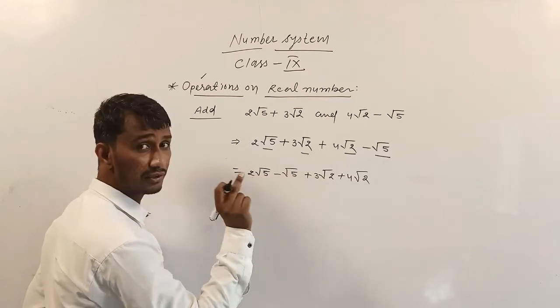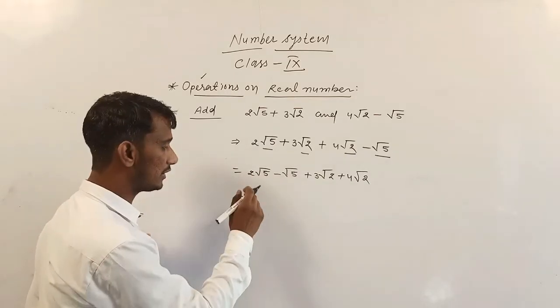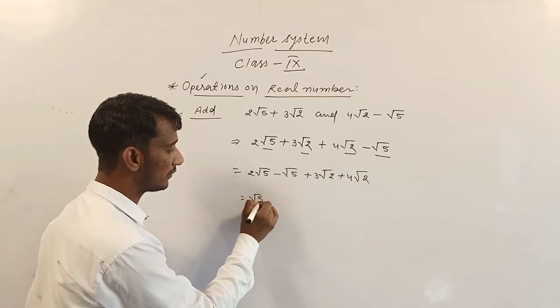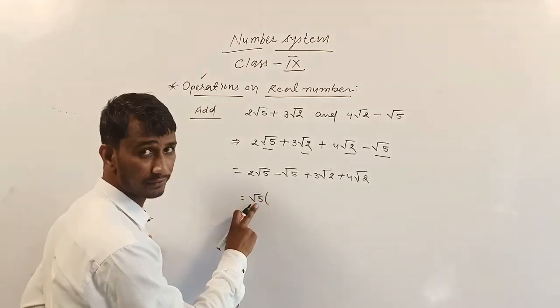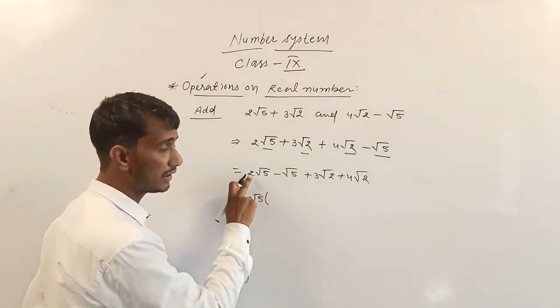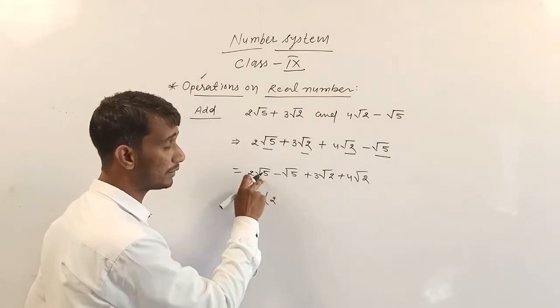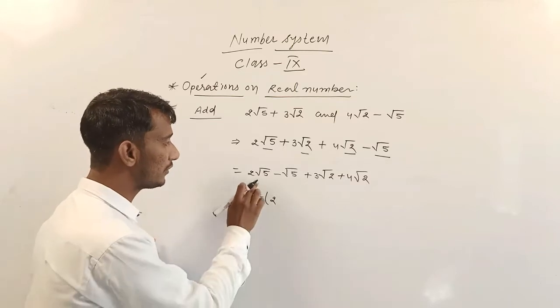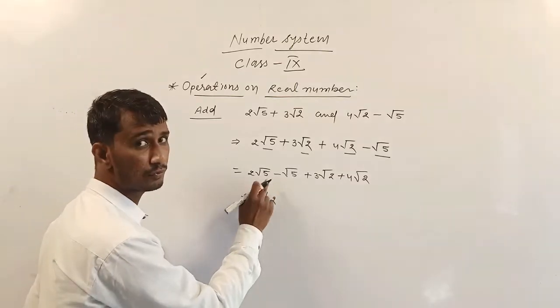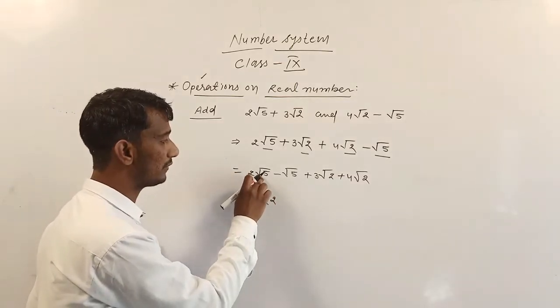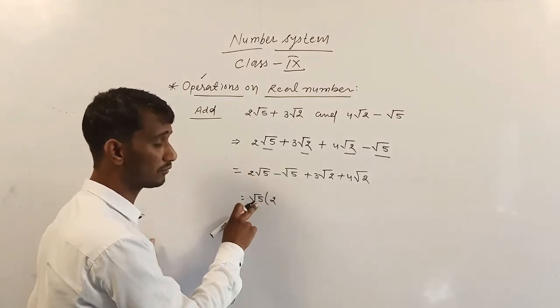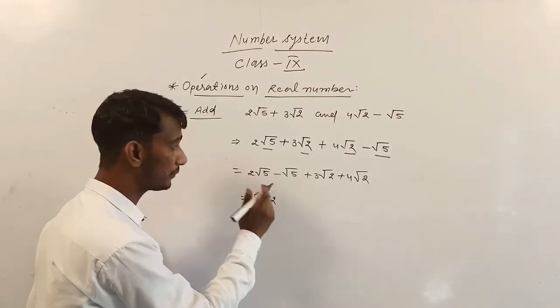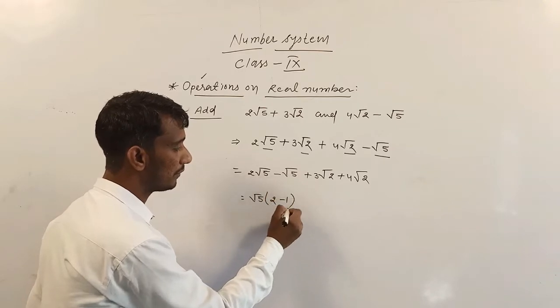I am showing the common part here, which lets you write the solution easily. We take the common part root 5. What is remaining here? The remaining value is 2. Common means we have divided by root 5 in both terms. So 2 root 5 divided by root 5, the remaining value is 2, and here we get minus.